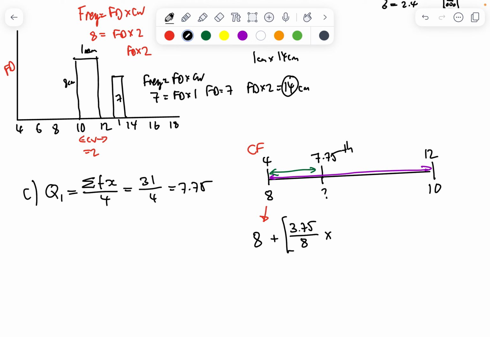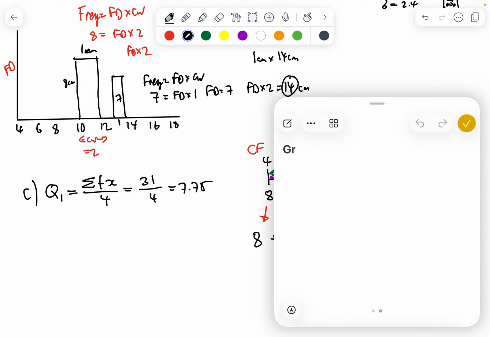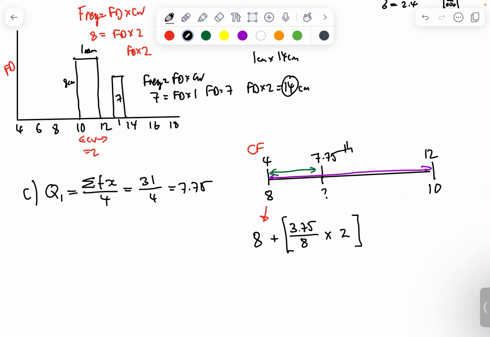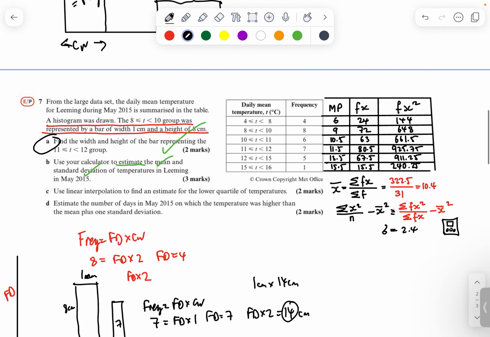Then I multiply that by the class width, which is 2. So I'm getting a fraction of the class width, and I'm adding it to my start point. So now I've got 3.75 over 8 times 2 plus my 8. That gives me 8.9375, which is about 8.94, which is the correct answer.